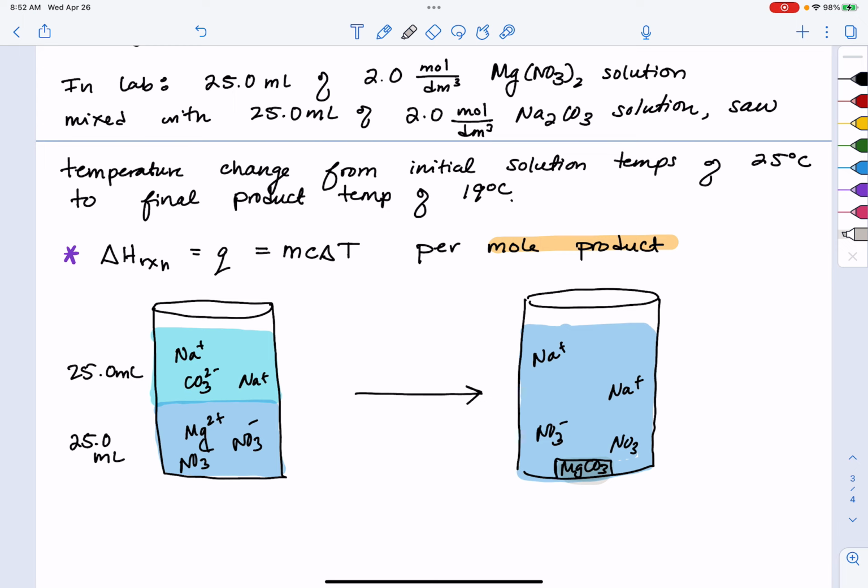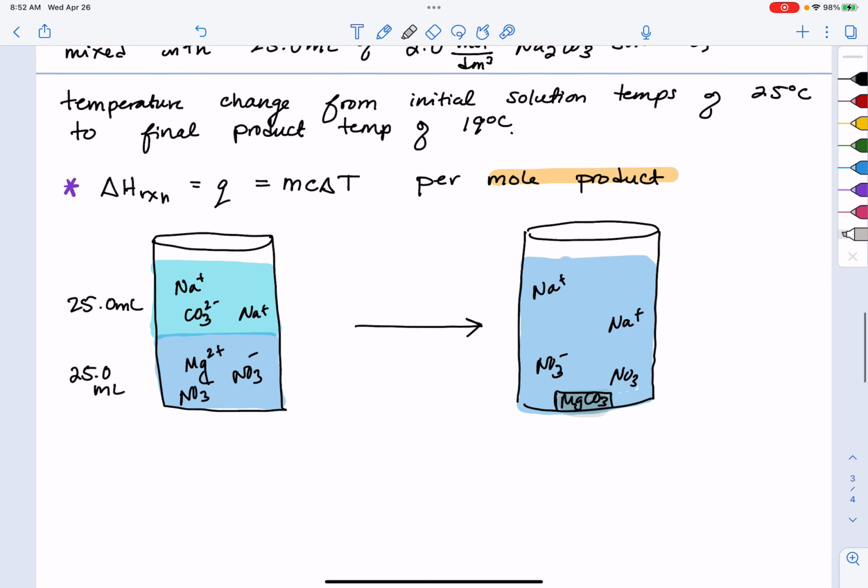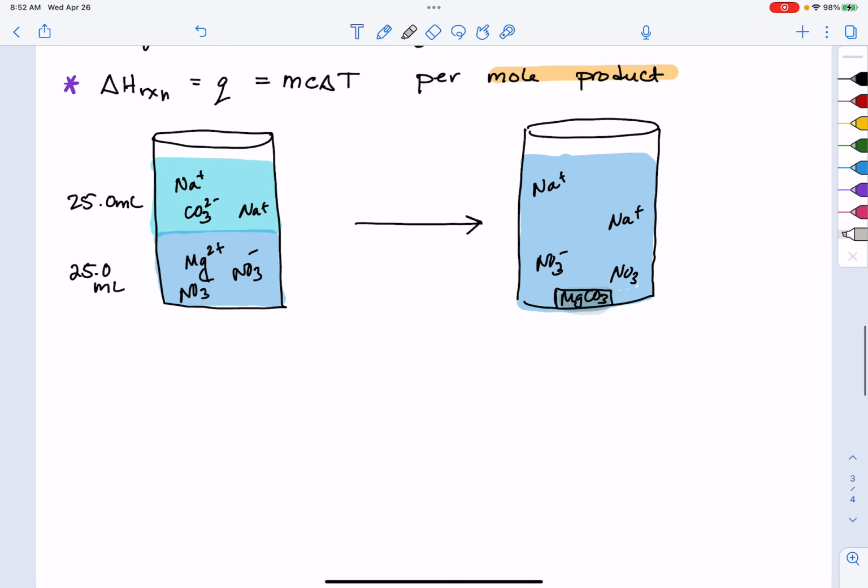Okay. Let's think about what else is happening. So let's describe system and surroundings here. The system is going to be the reactant particles, right?